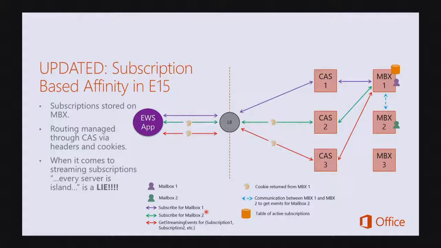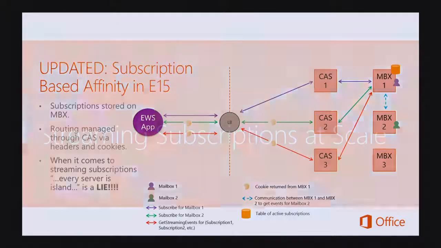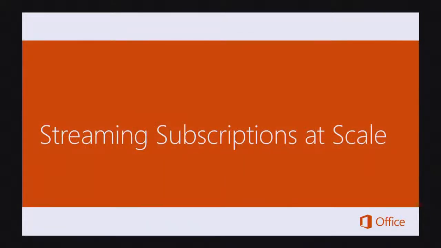So these are all new cookies and headers and kind of logic that you would use for a Wave 15 server if you're supporting Exchange Online. Very different from what you did in 14. So what you did in Exchange 2010 is not going to transfer over here. And we've seen a lot of confusion about this in the field, and especially just taking apps and moving them over.